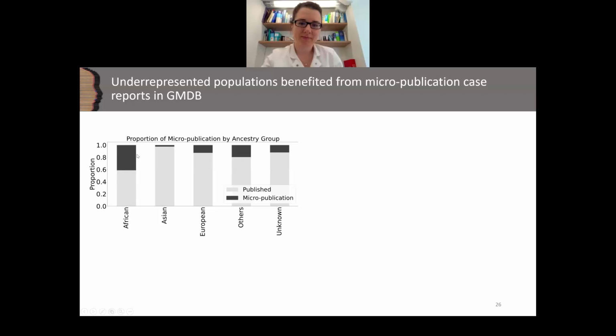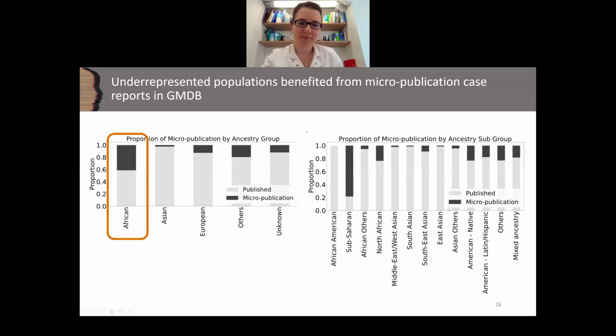In the African countries, almost 40% of the data comes directly from the hospital or directly from the clinicians. If we break down to more specific subgroups of the ancestry, for example sub-Saharan, it is even more.